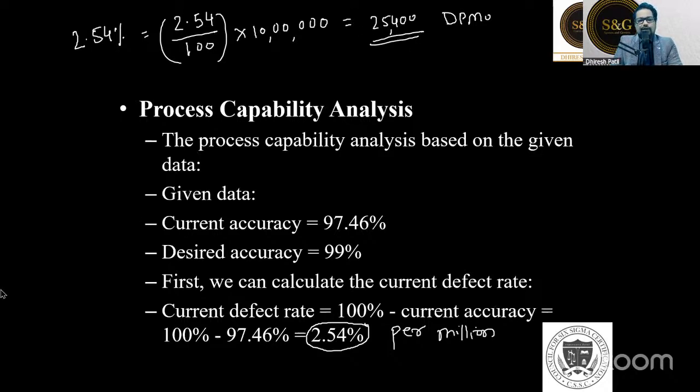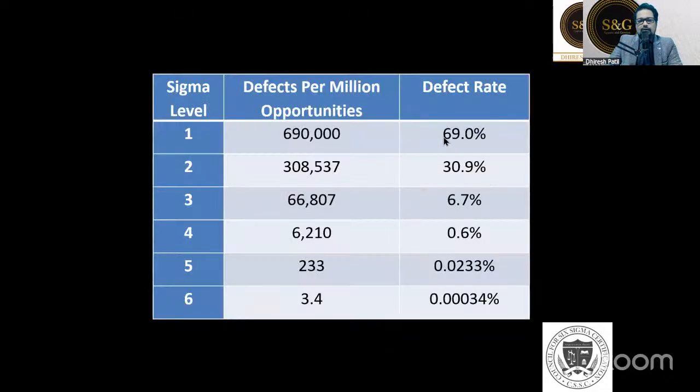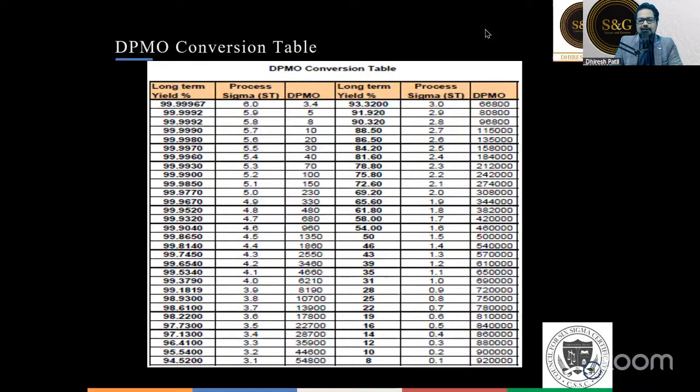So we can go back to the DPMO calculation. Okay, let me show you this one. Yeah, this is the standard table of DPMO. So if you see the DPMO table, it is around 25,400, right?